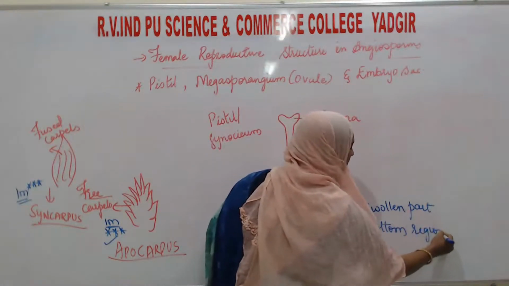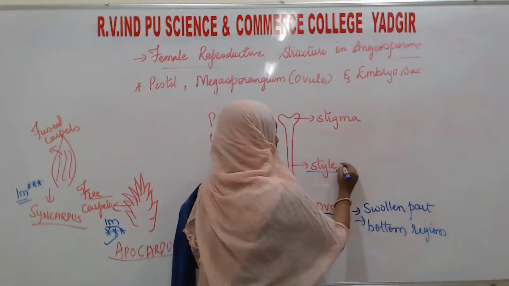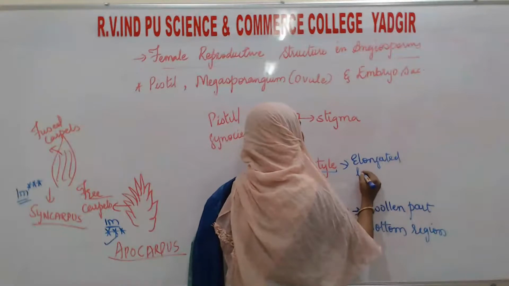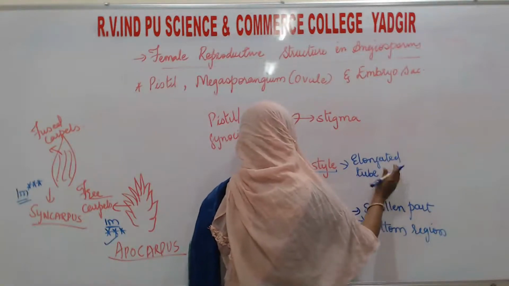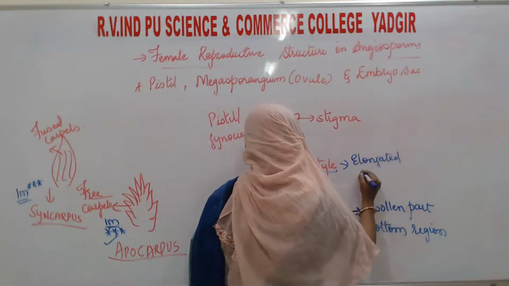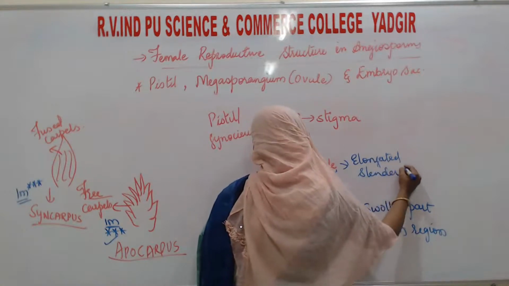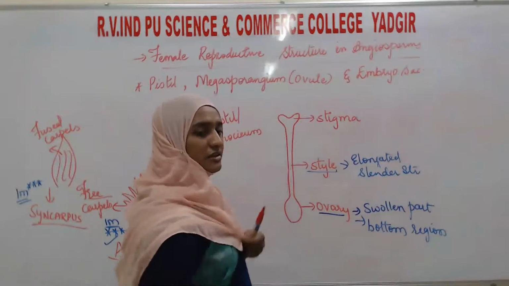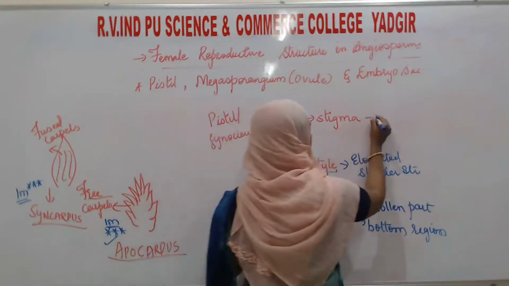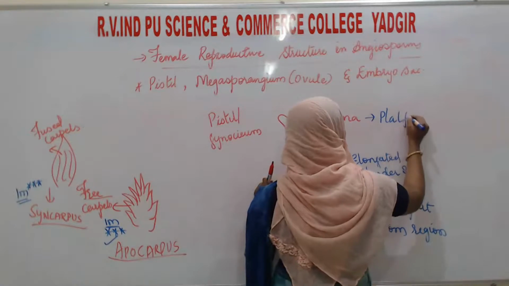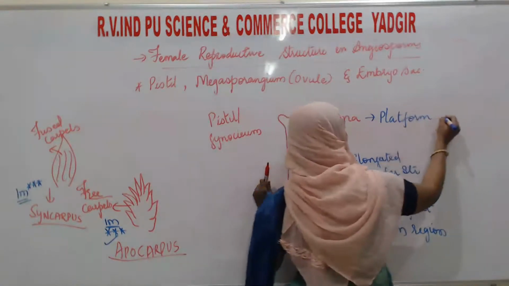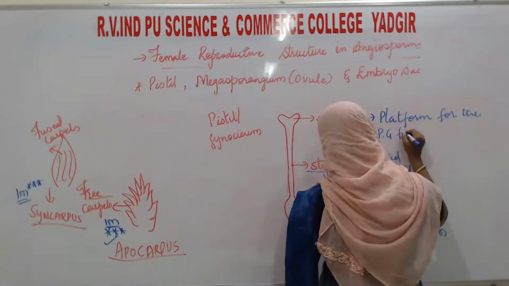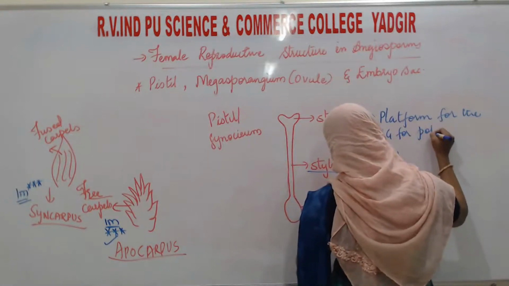Style is an elongated tube-like structure, an elongated slender structure, which is arising from just below the stigma. Stigma is a platform for the pollen grains for pollination.